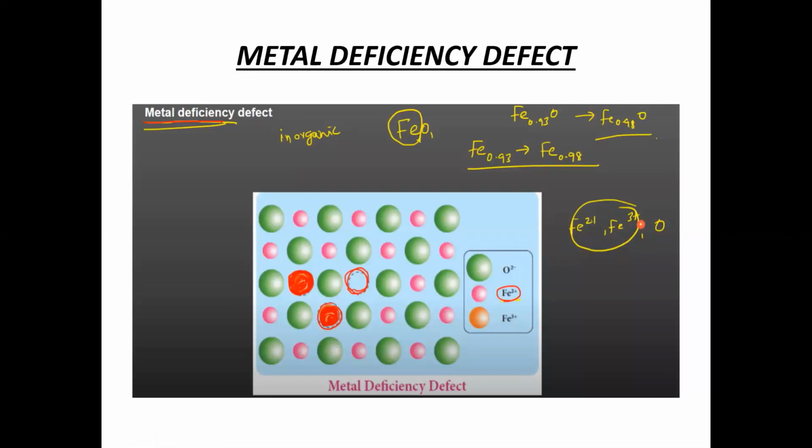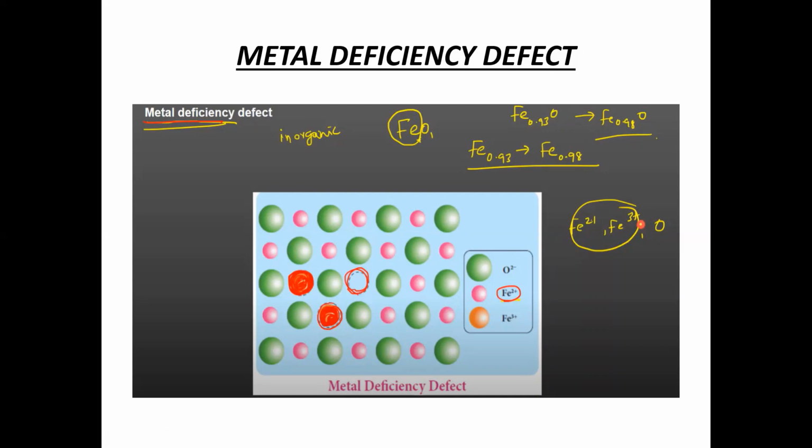Next one is the metal deficiency defect. For example, in the inorganic compound FeO, the ratio of iron is less than the oxygen, so it creates the metal deficiency here. The Fe2+ is missing from its place, so it creates the metal deficiency.